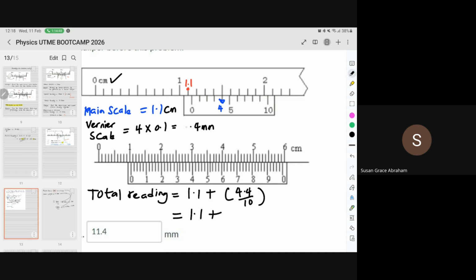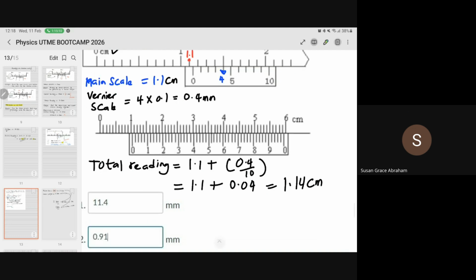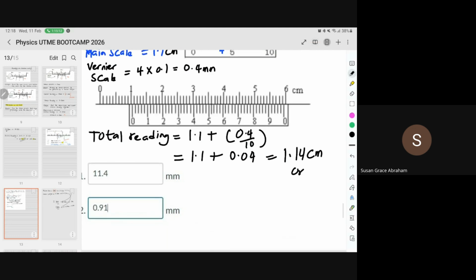This is 0.4 right here. So 0.4 divided by 10, that will give us 0.04. So that will give us 1.1 plus 0.04. That will give us 1.14 centimeter. Then you can convert to millimeter. Or you do 1.14 times by 10. That is what? 11.4 millimeter. Anybody confused?